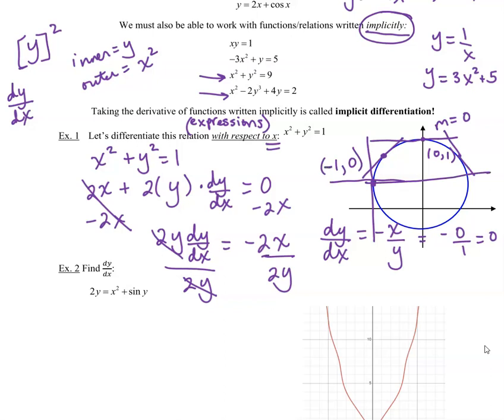Well, the tangent line there would be vertical, so your slope would be undefined. And that fits with the equation. If you put in negative 1 over a y value of 0, you get 0 in the denominator, which gives you a slope that is undefined. And we'll practice this a little bit in class tomorrow.